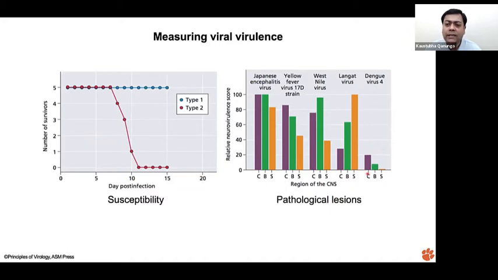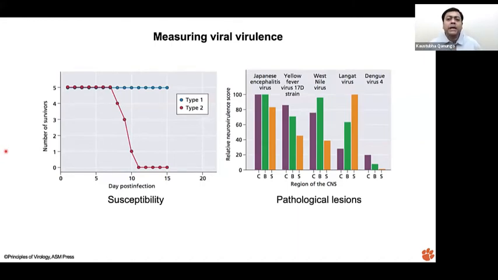You can see that the dengue virus, being in the same Flaviviridae family, doesn't have much pathological lesion in the brain. Whereas Japanese encephalitis virus, which definitely causes encephalitis, has a huge amount of lesions in the brain. So that's basically the idea.